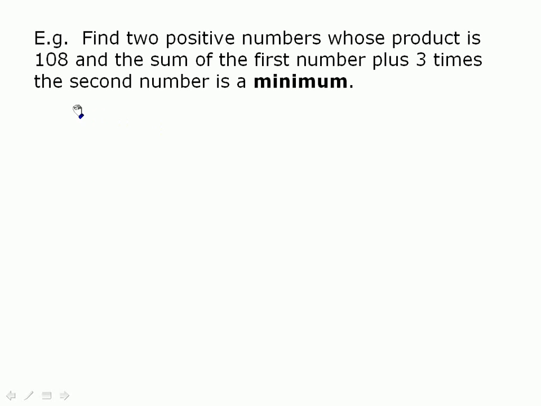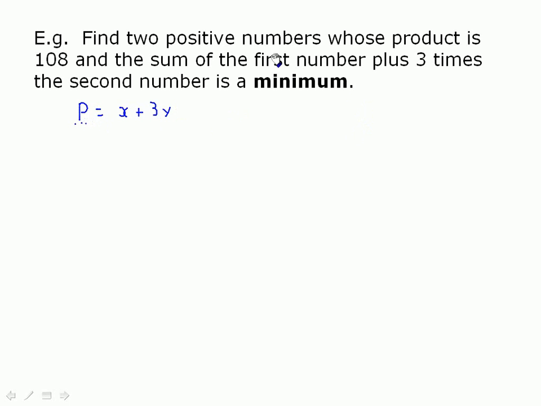I'm going to just look at the, it doesn't matter which variable you work with. I sort of refer to this as product, although it's also a sum. We're taking the sum of the first number plus 3 times the second number. And we're trying to minimize this P function, or whatever variable you want to call it. Now we do have two variables, so as always, where possible, we try to express one in terms of the other.